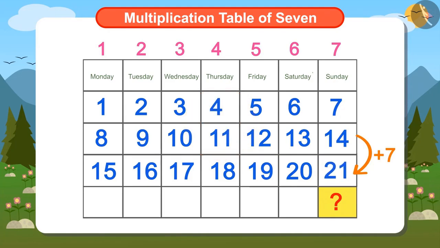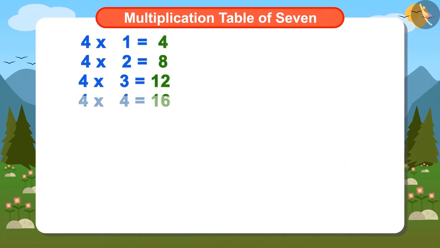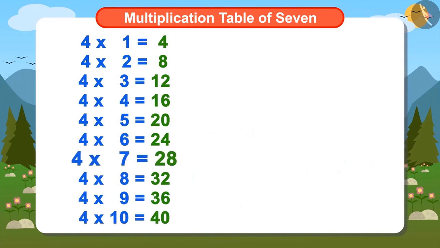To find the date of the Sunday after 21st, Ayushman has to find the next number in the multiplication table of 7, that is 7 multiplied by 4. Ayushman does not know the multiplication table of 7, but he knows the multiplication table of 4. 4 multiplied by 7 is 28.